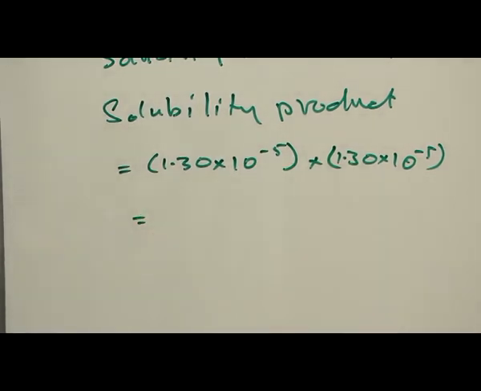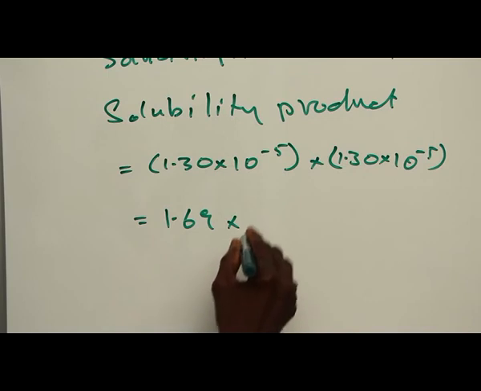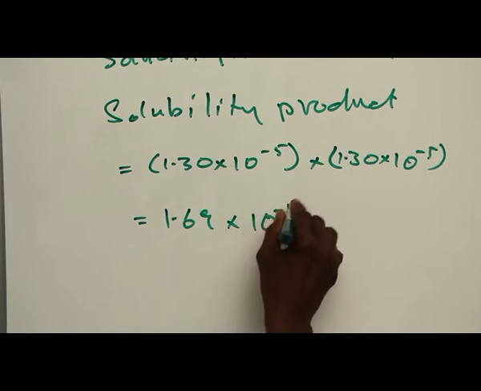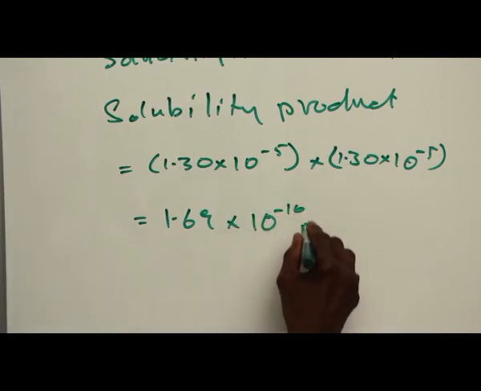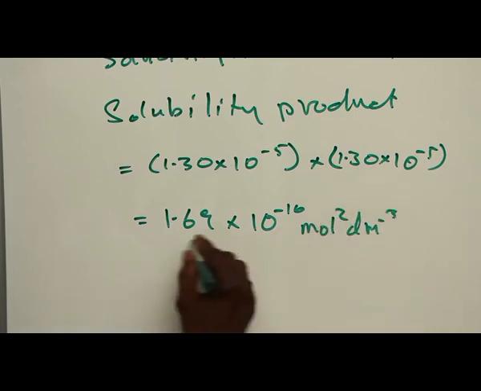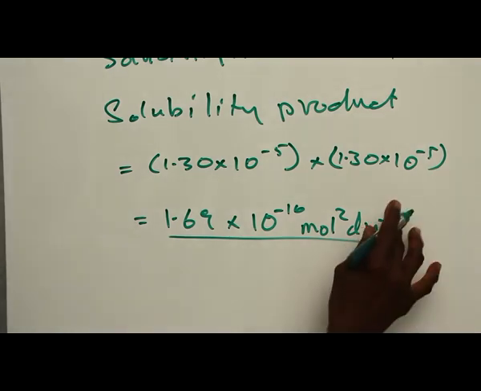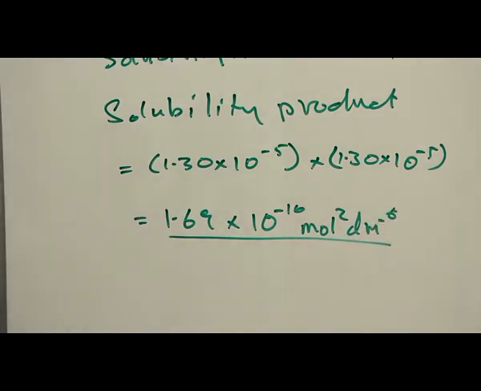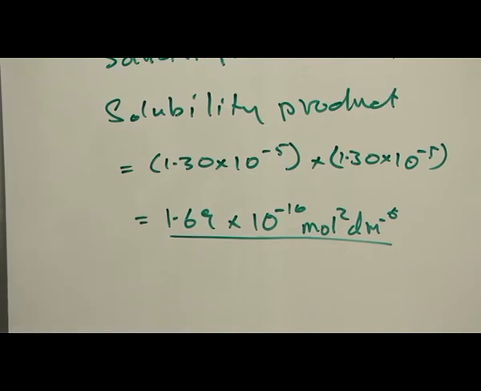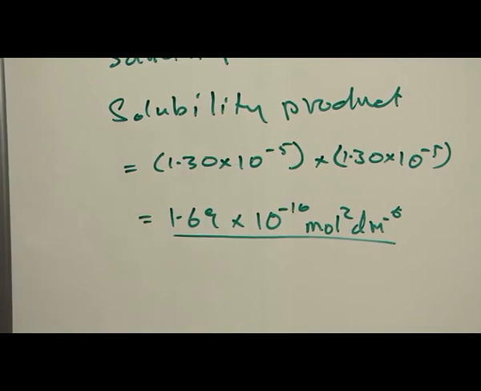When it is multiplied out, it gives us 1.69 times 10 to the power minus 10 mole squared dm cube to the power minus 6. So the correct option is 1.69 times 10 to the power of minus 10 mole squared dm raised to the power of minus 6.